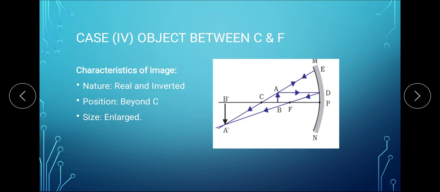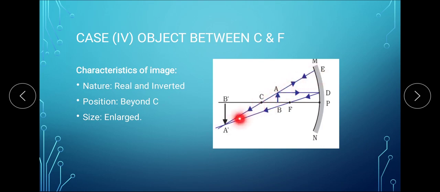Now in case fourth, when the object is kept between C and F, right students? So AB is your object. First ray which is parallel to principal axis, after reflection will pass through focus. So this is your first incident ray and this is your reflected ray. Second incident ray is passing through your center of curvature, which will retrace its path after reflection.